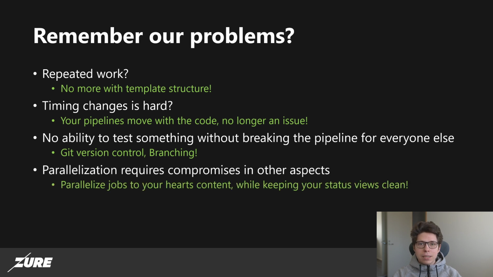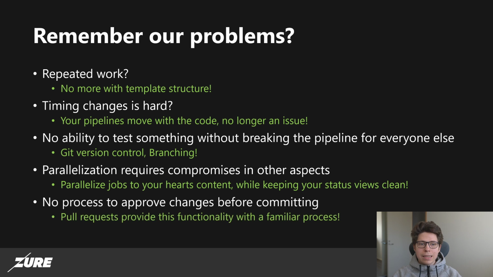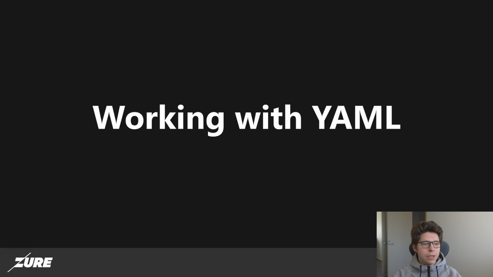And we get the parallelization benefits. And lastly, pull request process, so somebody can approve our changes. And we have control of our application this way too. So then we should work with YAML a bit.